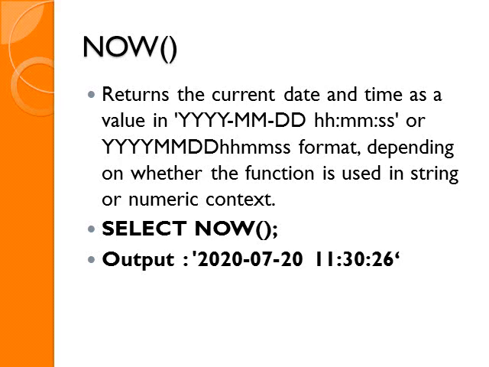Y is for the year, M is for the month, D is for the date. So 4 letters for the year, 2 for the month and 2 for the day is the output. For example, SELECT NOW(). The output will be the date as well as the time. You can see both on the slide.